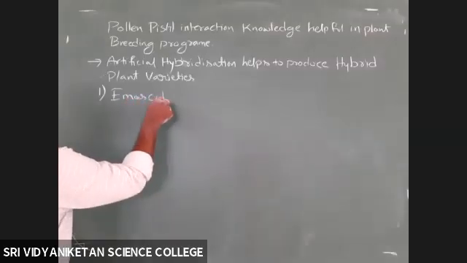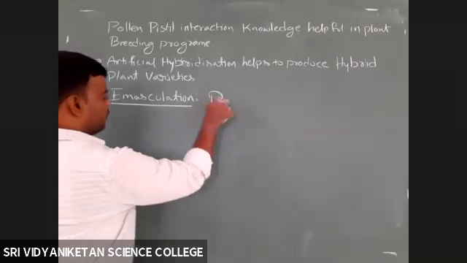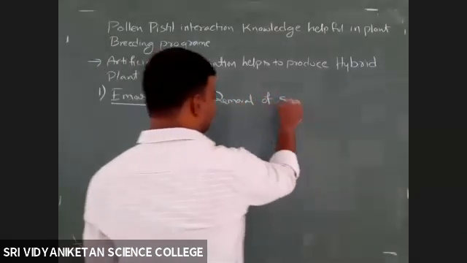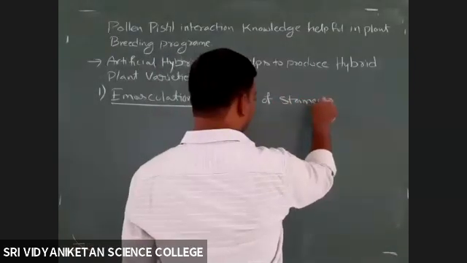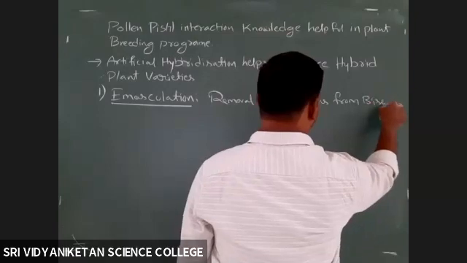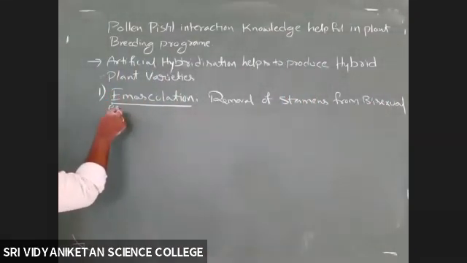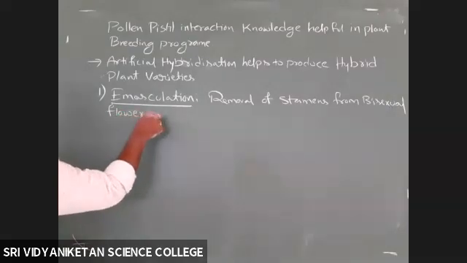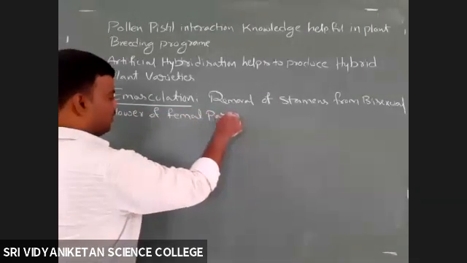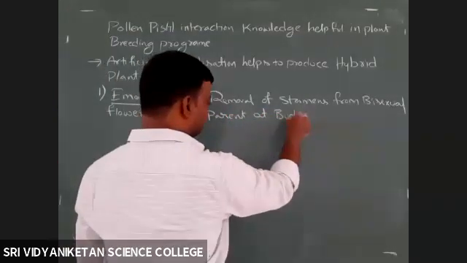Emasculation. What is emasculation? Removal of stamens from the bisexual flower of the female parent at bud condition.